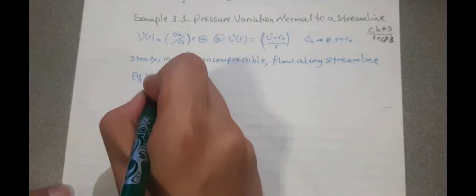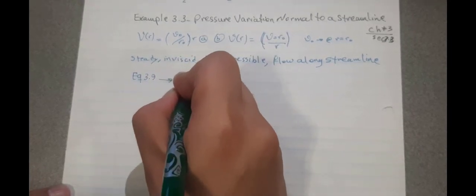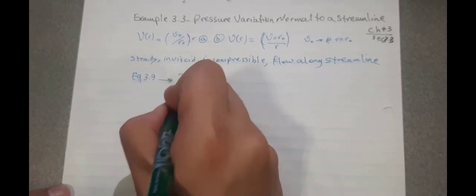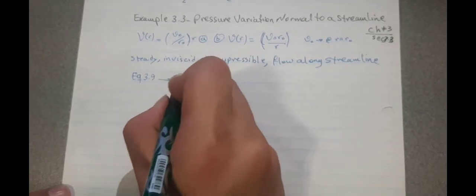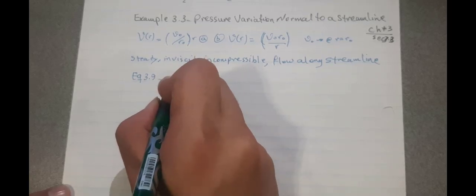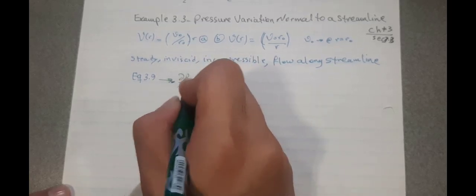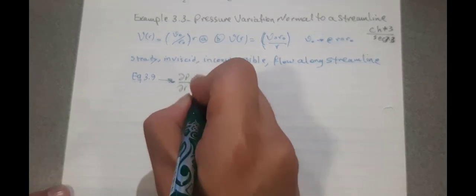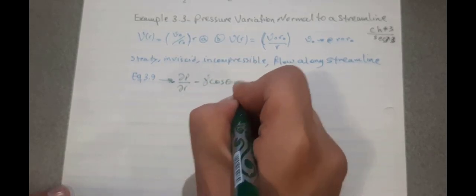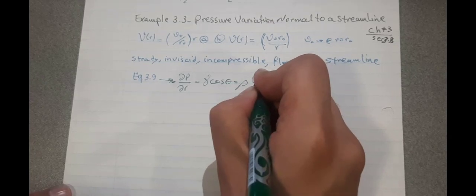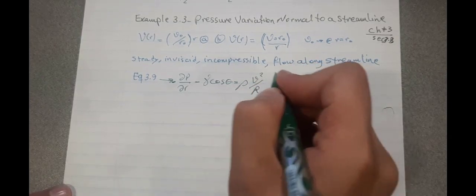We're going to have it as this: ∂p/∂n minus gamma cosine theta equals rho V squared over R.